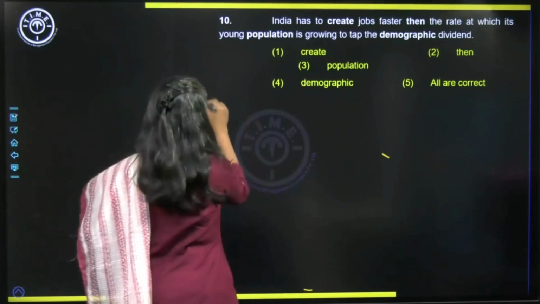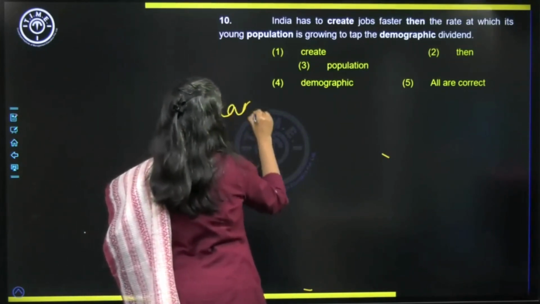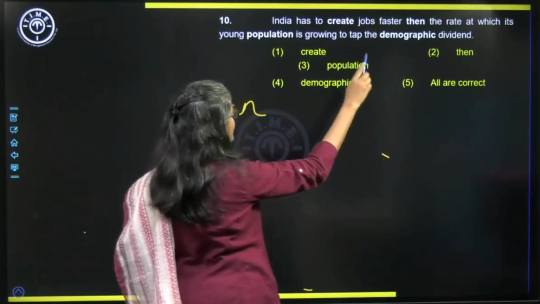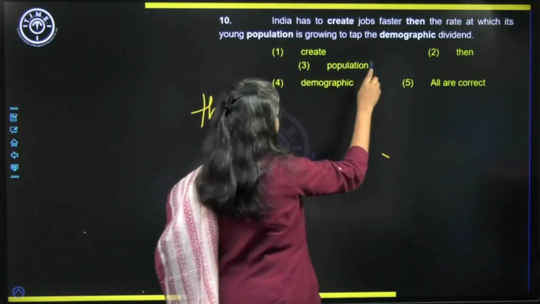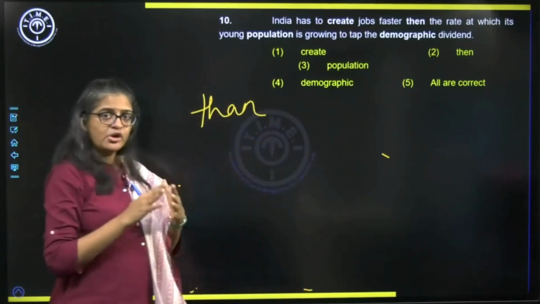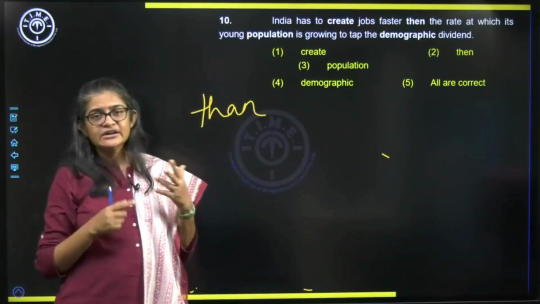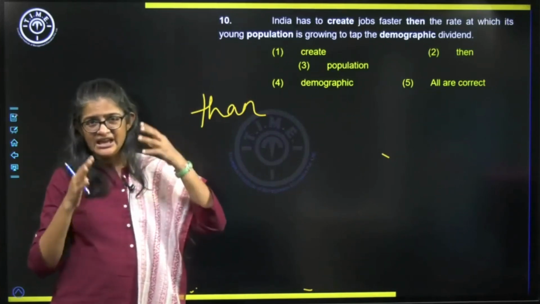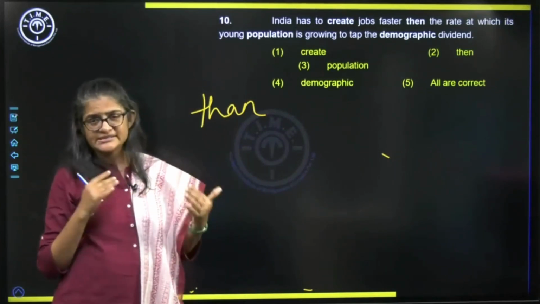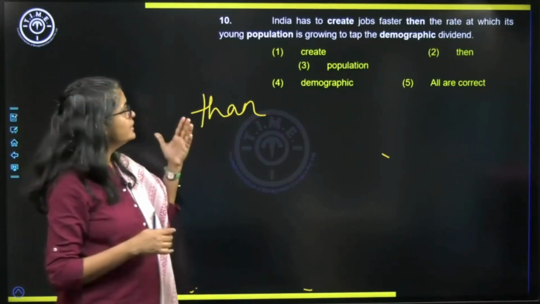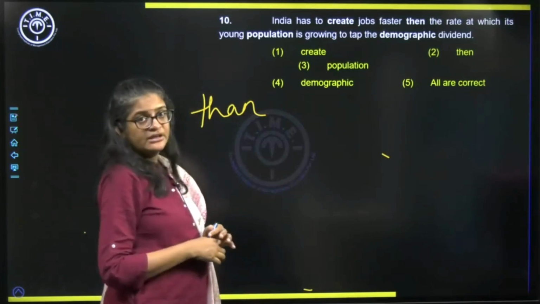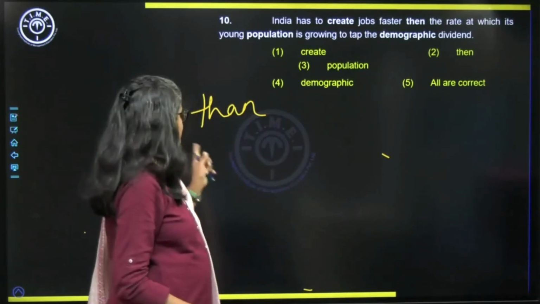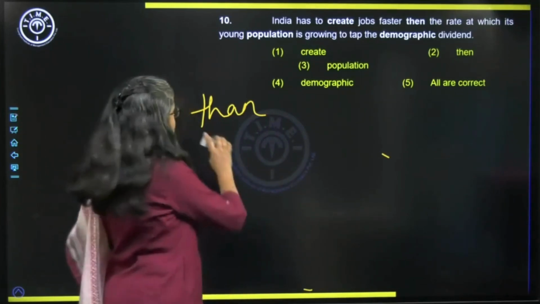The word than, not then. Faster than the rate at which its young population is growing to tap the demographic dividend. Demographic dividend is the divide in the age groups in this context, in the population. So, the jobs have to catch up with the growing young population. So, than. Fine. That's it.